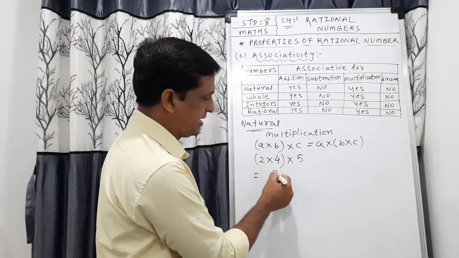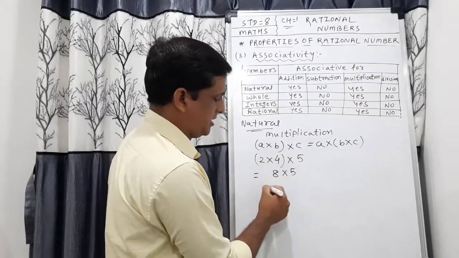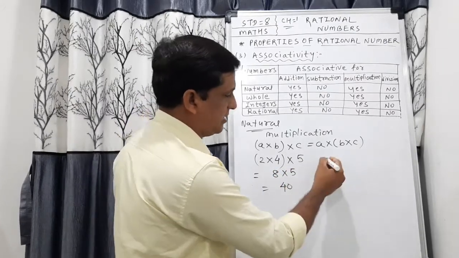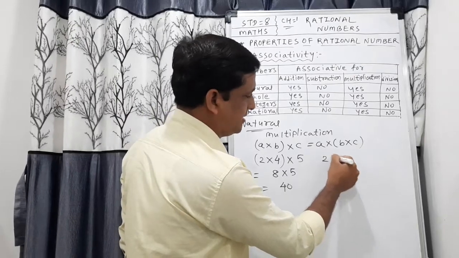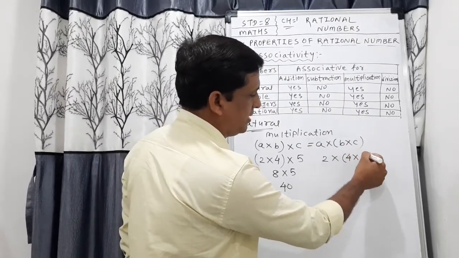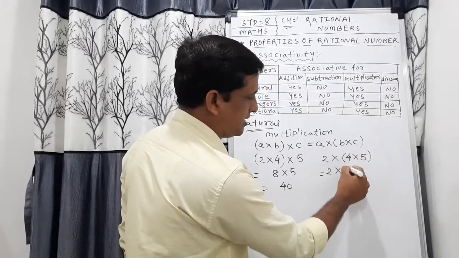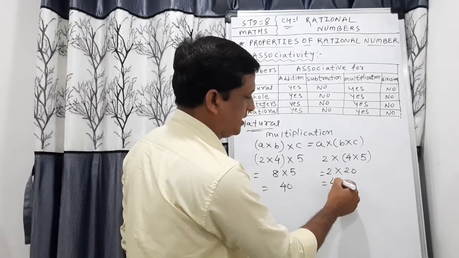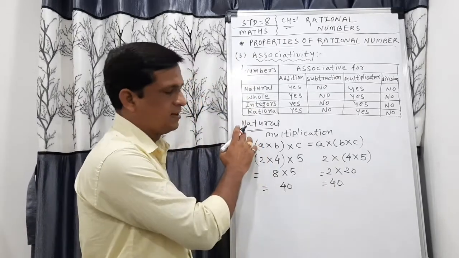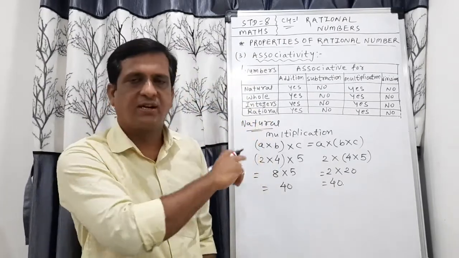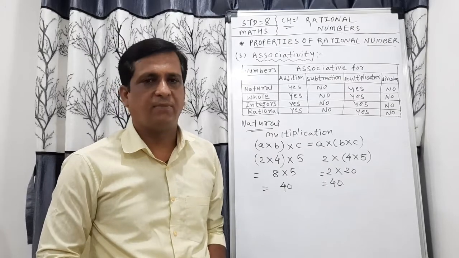So 2 4s are 8, multiplied with 5, that is equal to 40. Similarly, when 2 remains as it is and we make a group of 4 and 5, that means 2 into 4 5s are 20, then the answer is 40. So natural numbers are associative for multiplication.